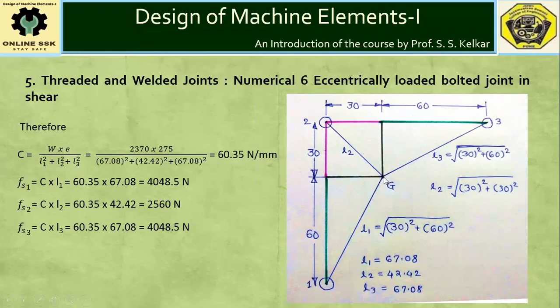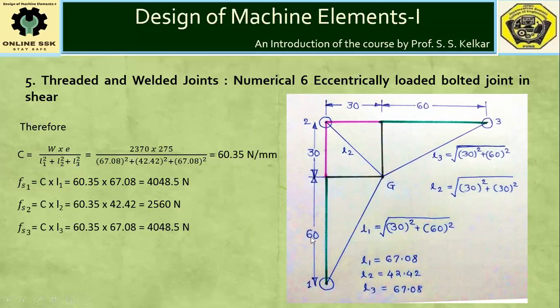Now here it has been shown the point G. L1 is the distance of bolt number 1 from point G. G is the center of gravity, the distance of bolt number 1 from the CG. So here we can see that this distance is L1, but L1 will be in this triangle. This opposite side has a value of 30.